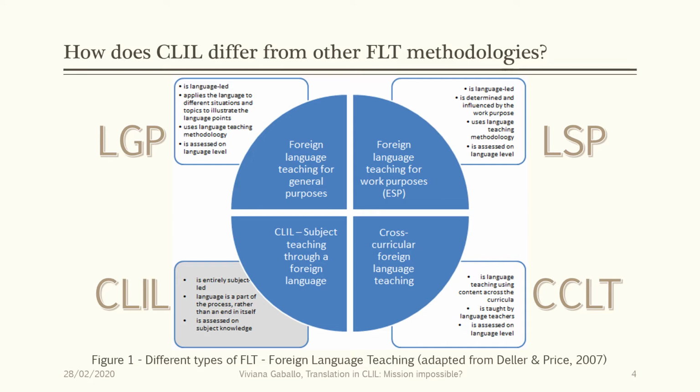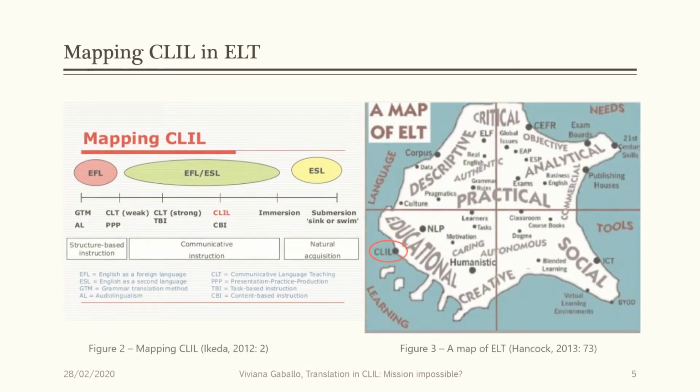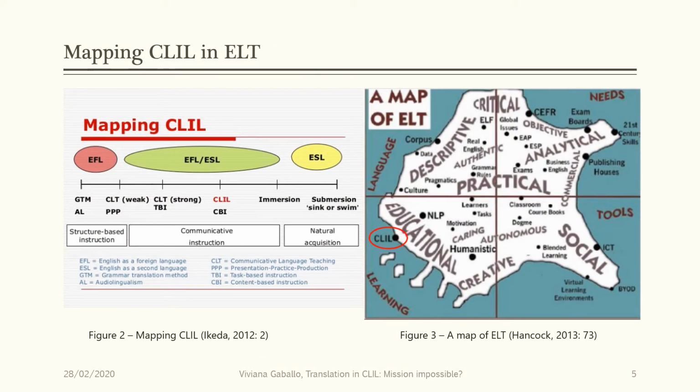One more useful view of CLIL refers to how it is positioned in the panorama of ELT. The first chart that I've selected to illustrate the point focuses on the different methodologies used to teach EFL and ESL, and sees CLIL as central in the virtual continuum between structure-based instruction in EFL and natural acquisition in ESL, locating it within the framework of communicative instruction.